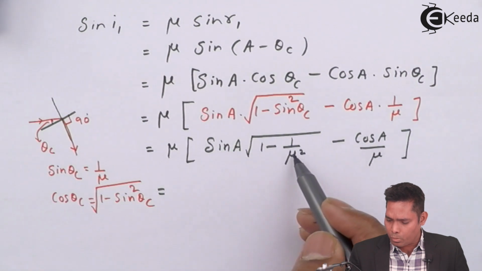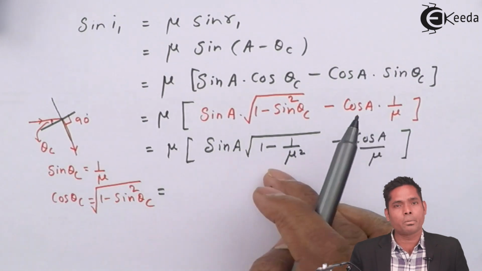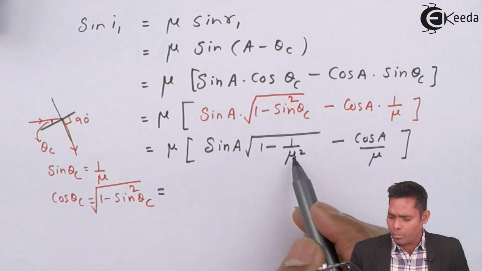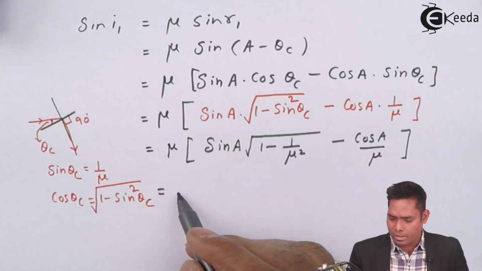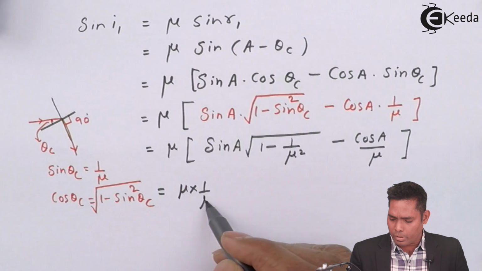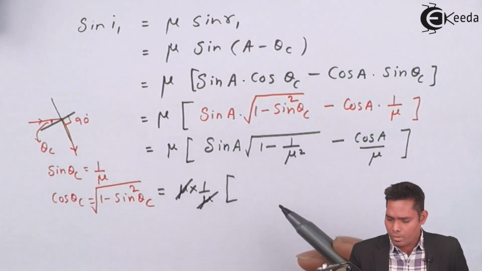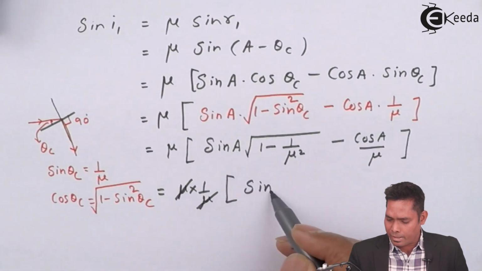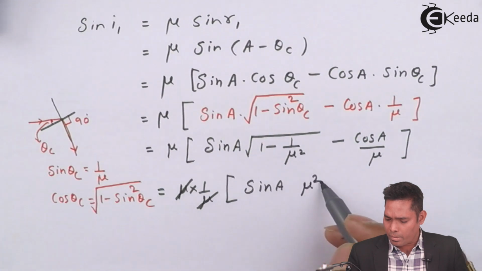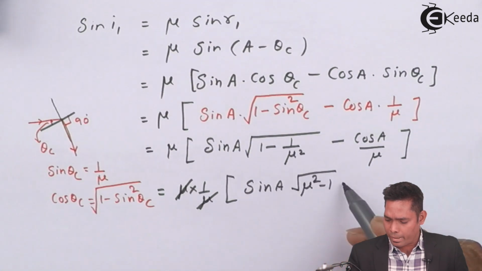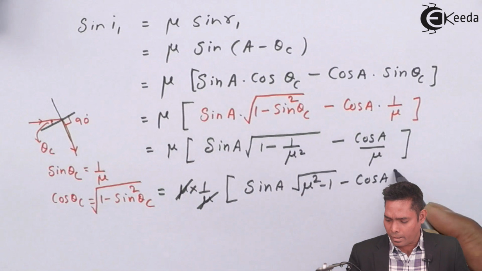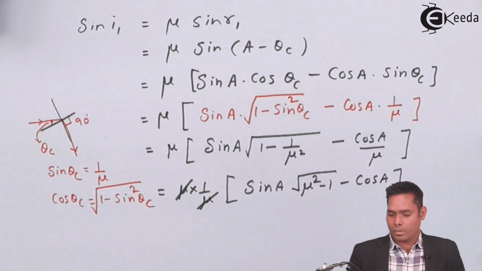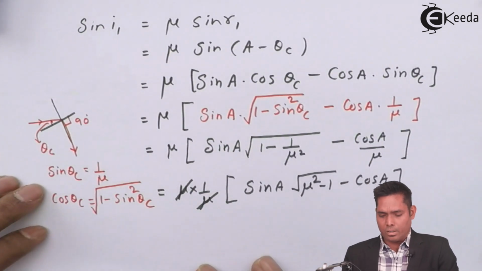This mu comes out of the root and it becomes mu. One mu here, one mu there, so it cancels out. Mu into 1 by mu cancels out. And inside it is sine A root of mu square minus 1 minus cos of A. Okay, so this is what you are getting.